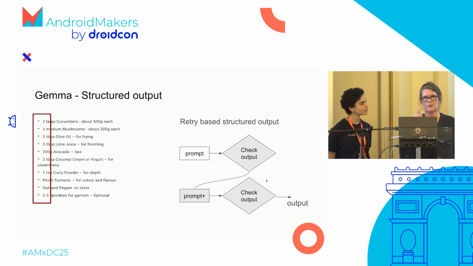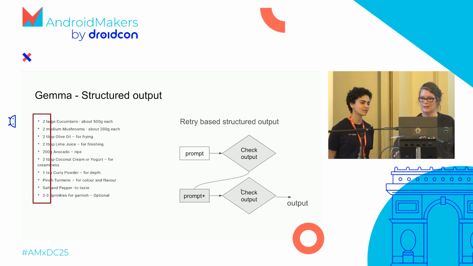Sometimes it chases itself into loops and never comes out again, or sometimes it does this multiple times. If you needed to do this on an LLM that was charging you per prompt, your bill would go up. If you're doing this on an on-device LLM, the time would go up, because every single time you hit it, you need to wait for that prompt to come back. So this is one mechanism that you can use.